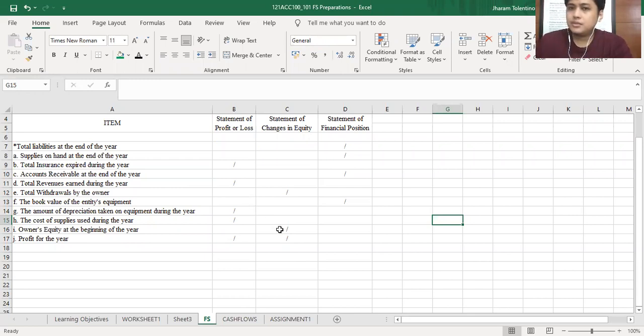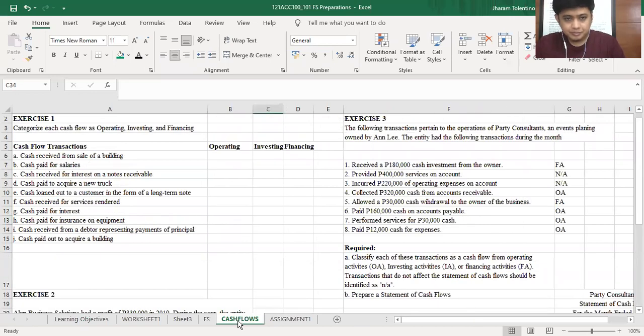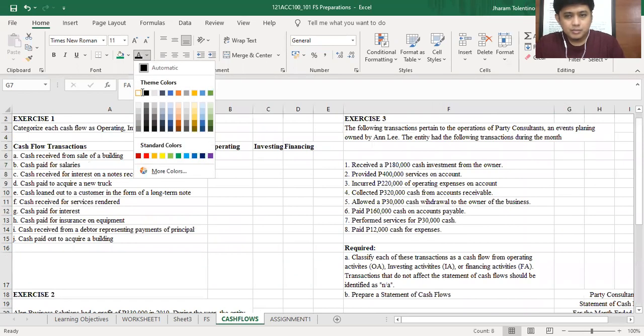Okay, so kung walang questions, you might want to go over to the statement of cash flow. I don't know if you have the same page. Statement of cash flow. Okay, so tingnan natin.